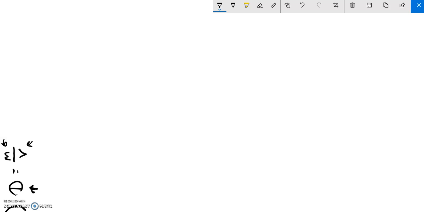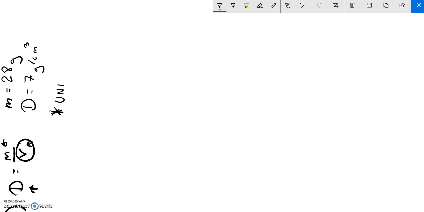Solve for v, if m, the mass, is 28 grams and the density D is 7 grams per centimeter cubed. And then the last part says, importantly, report your answer with units.